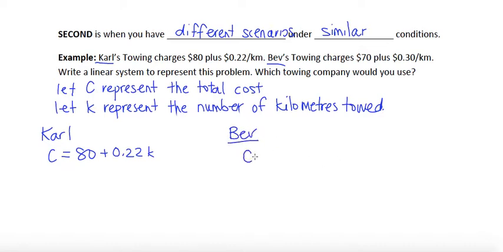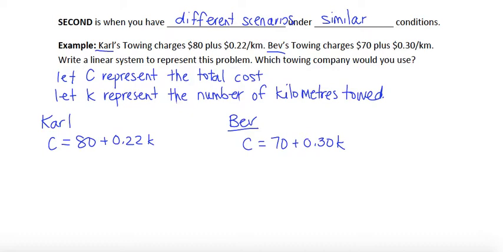So my total cost, if I go with Bev, is going to be $70. So regardless of how far I'm towing, I still have to pay them $70 plus 30 cents, so 0.3 times K. So you'll notice that the equations are similar in format, and this is that scenario there.